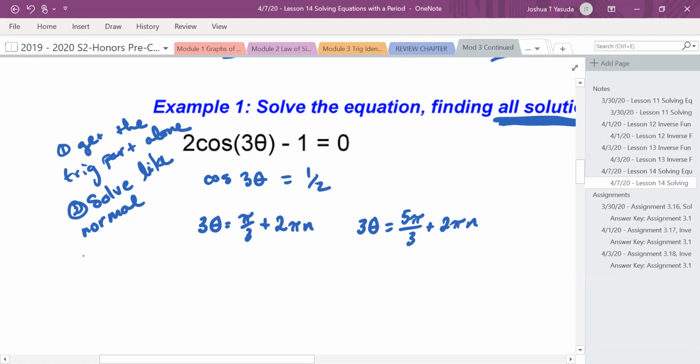And so since I'm solving like normal, I'm now going to create equations for each angle. All right, so you've got 3 theta equals pi thirds plus 2 pi n, and 3 theta equals 5 pi thirds plus 2 pi n. All right, and so then from there, we're going to solve for theta.